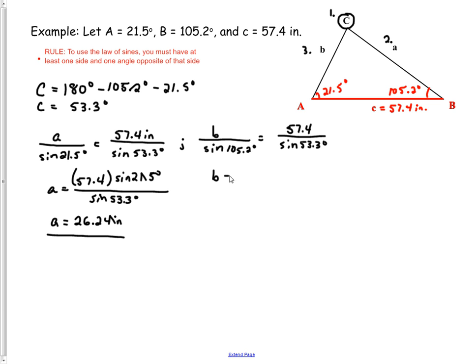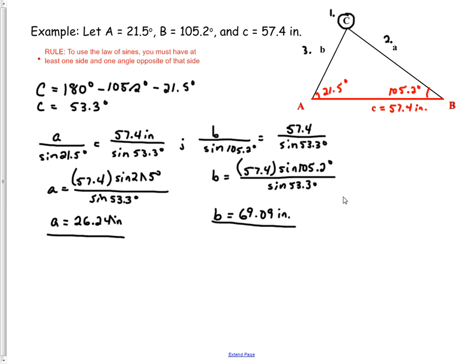And working that out, B will be equal to 57.4 times the sine of 105.2 degrees divided by the sine of C, which is sine of 53.3 degrees. And I come up with side B is equal to 69.09 inches.